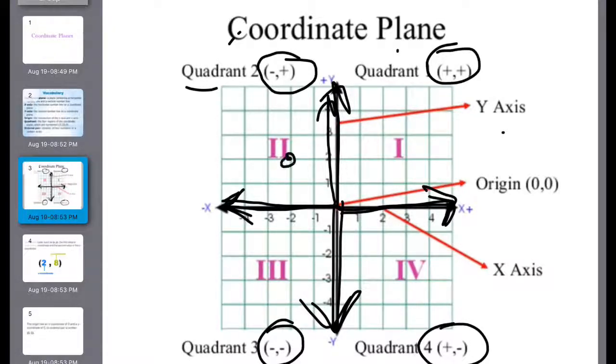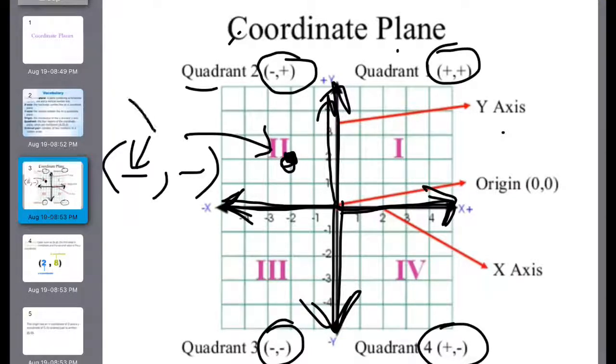So if I have a point on my coordinate plane, that is a specific location. I can identify that location using an ordered pair. An ordered pair is written in parentheses and has two numbers.